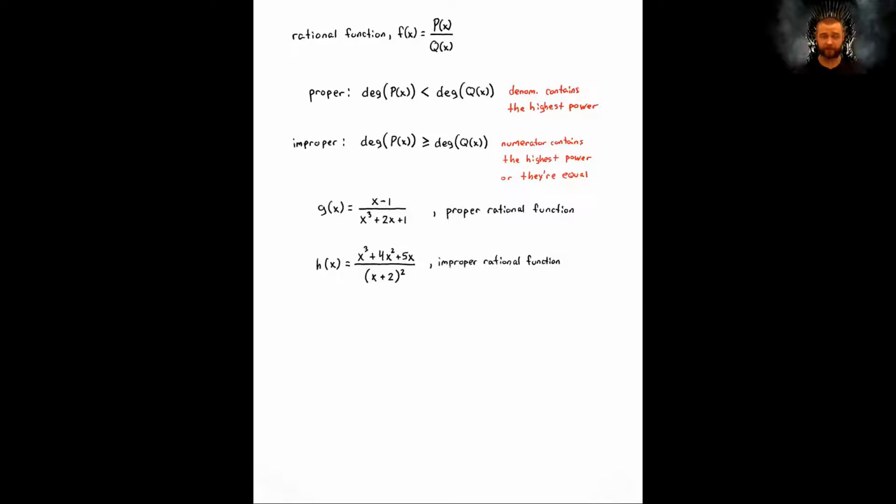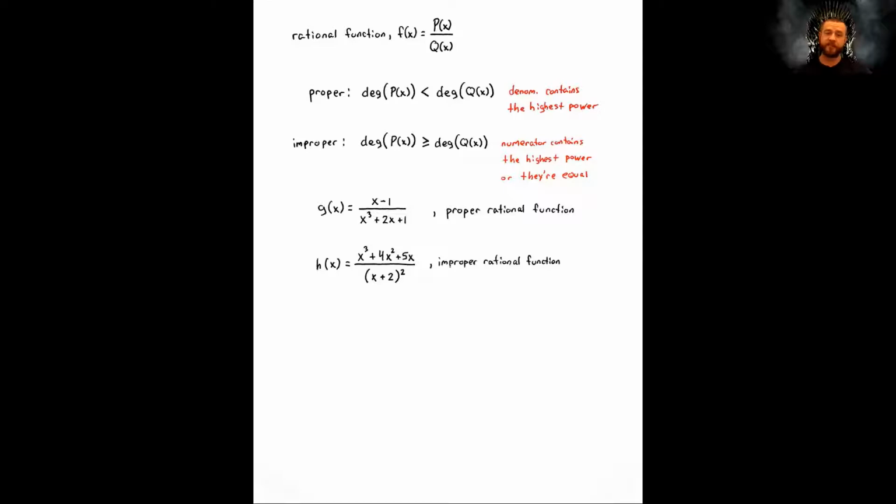So we have on the screen here an example of a proper rational function, this function g of x. Notice the degree of the denominator is 3, the degree of the numerator 1. So the denominator here having the bigger degree makes g of x a proper rational function. h of x now, where the numerator is a degree 3 polynomial.